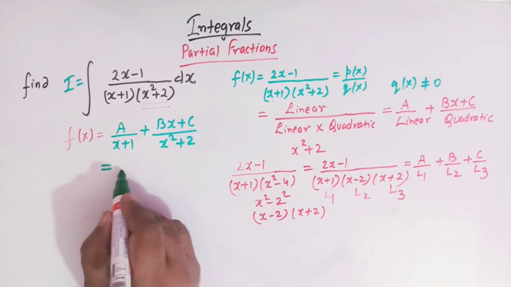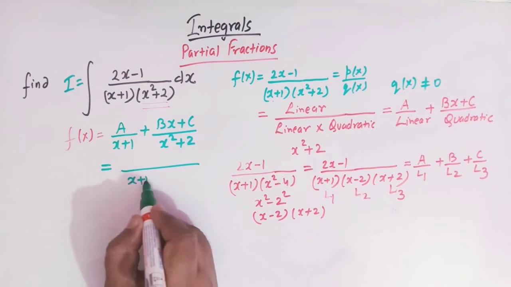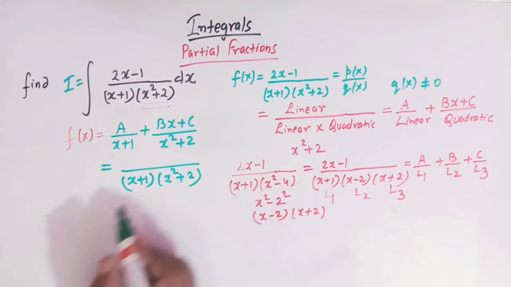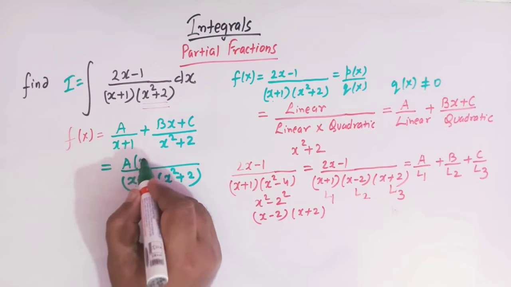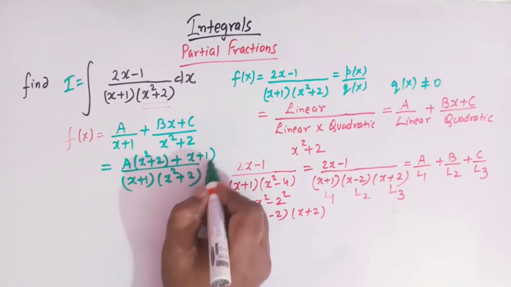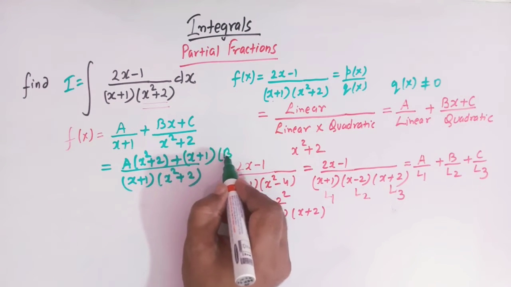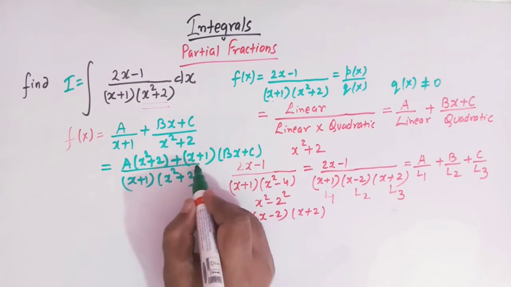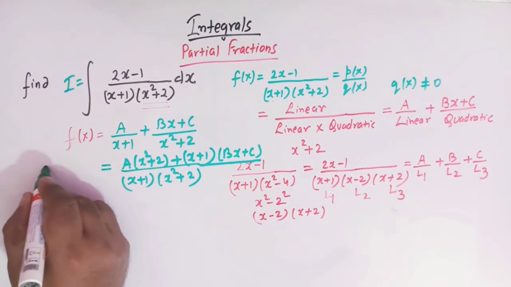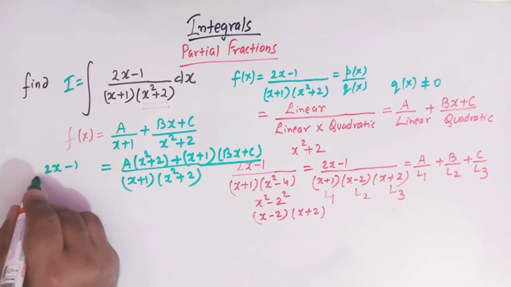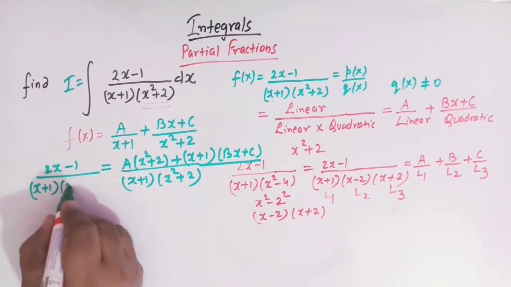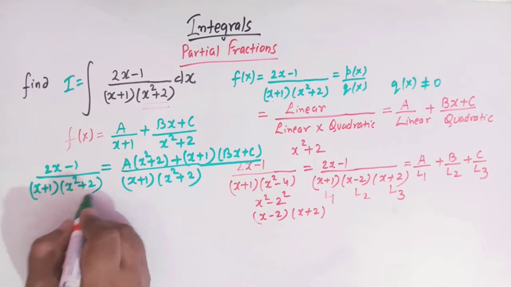So if we take the LCM, we have x plus 1, here we have x square plus 2, and then we have a times x square plus 2 plus x plus 1 and bx plus c, right? Okay, and for f of x, here we have 2x minus 1 divided by x plus 1 and x square plus 2, right?